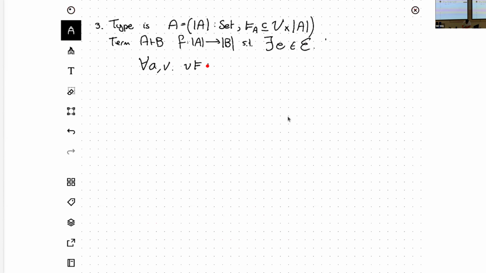If V is the implementation of A, then evaluation of E with input V gives us V prime, and V prime is the realizer of the output.